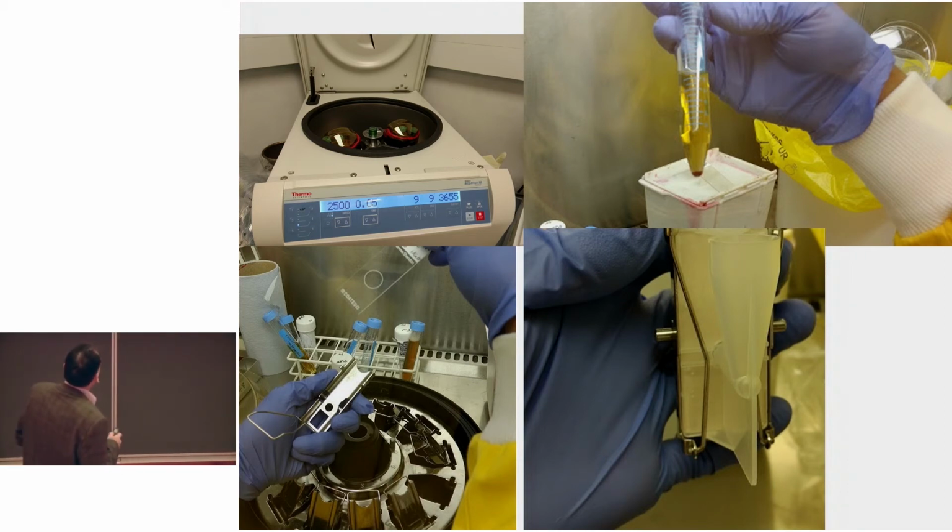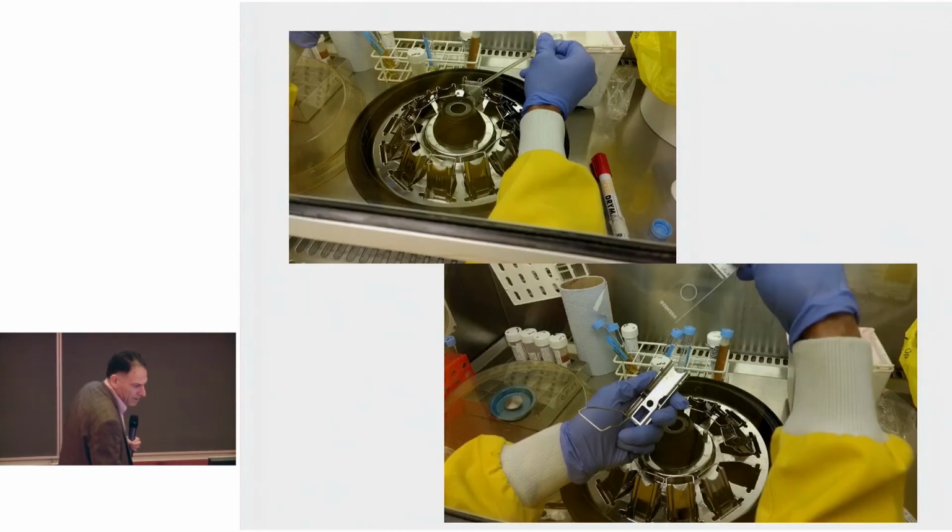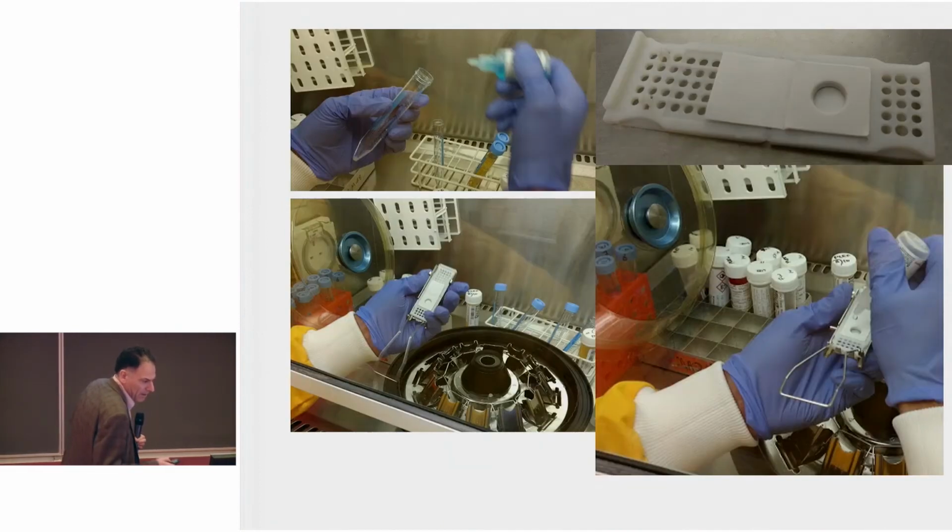The rest of the sample gets put back into a tube and gets spun down. You can see you've got a nice pellet there, and then it gets put into one of these contraptions. Again, this gets spun down, and a slide is made.